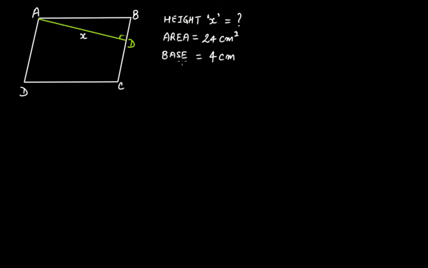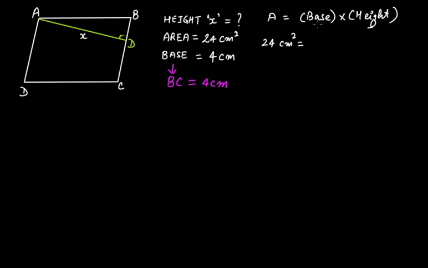Okay, so what's the base here? Base is actually BC. So BC is equal to 4 centimeter. Now, we know that area, let's denote the area by A, is equal to base times height. We know area, that is 24 centimeters square, and base is 4 centimeter, and we don't know the height, so it's x.